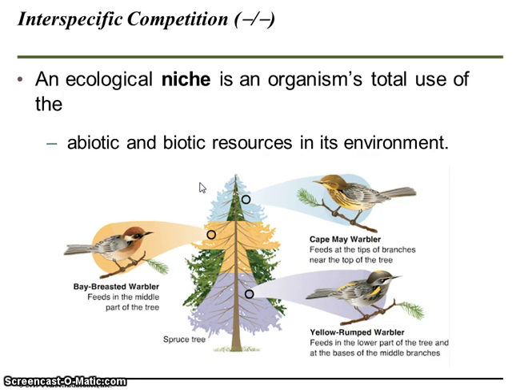So for example, if you have birds that use the same part of the tree to house themselves or feed, they're going to compete. What you'll see is specialization, where certain birds are specialized to one area. That way, their niches don't overlap too much.